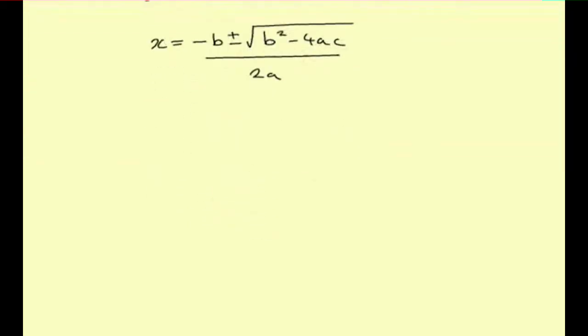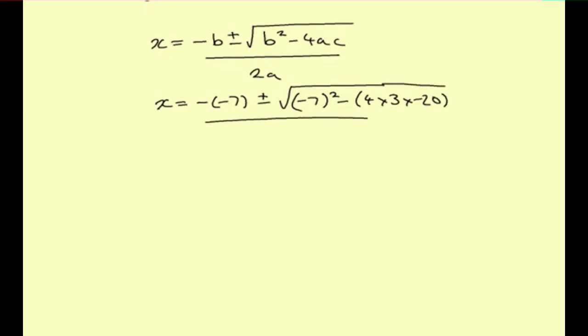And what we need to do now is substitute the numbers into the formula, so it's minus 7 plus or minus the square root of minus 7 all squared minus 4 times by 3 times by minus 20, all over 2 lots of 3.